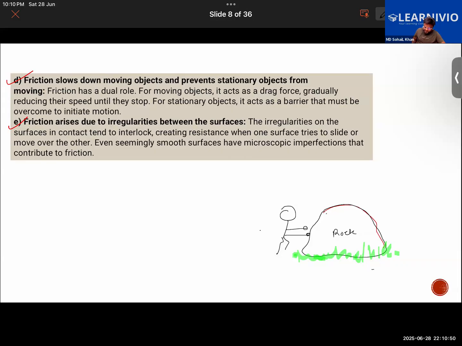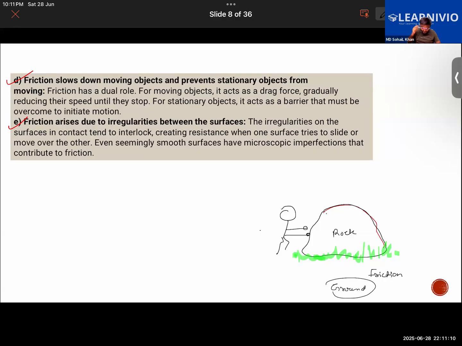There is some friction between the rock and the ground right now, just as the two surfaces are in contact with each other.